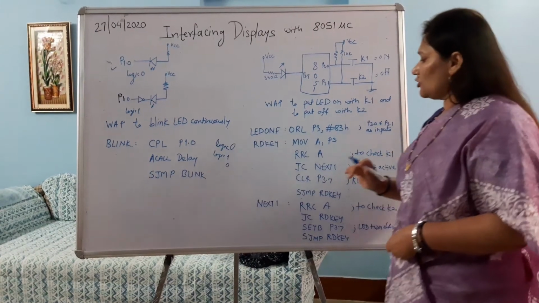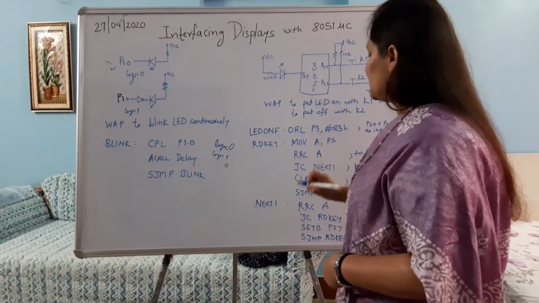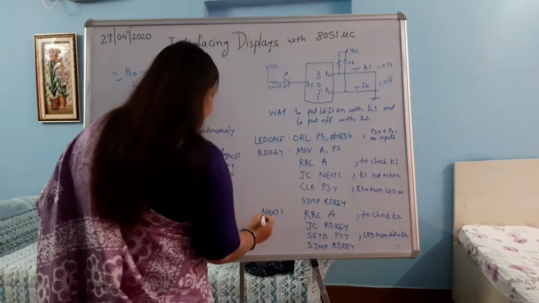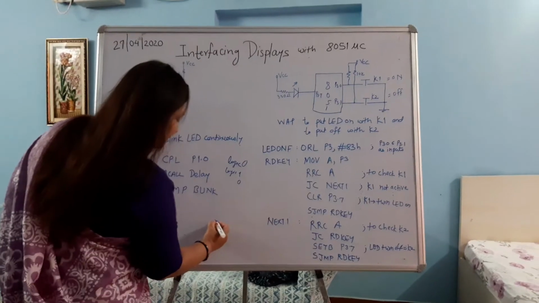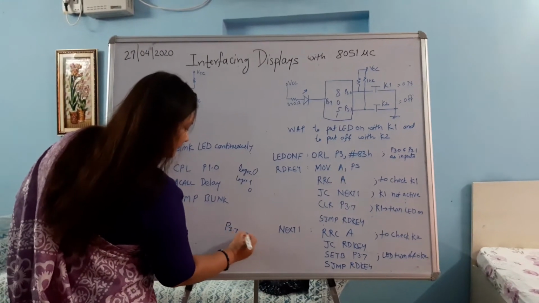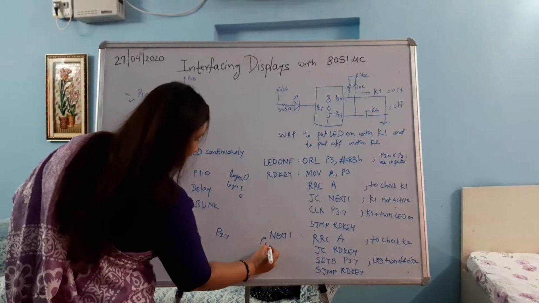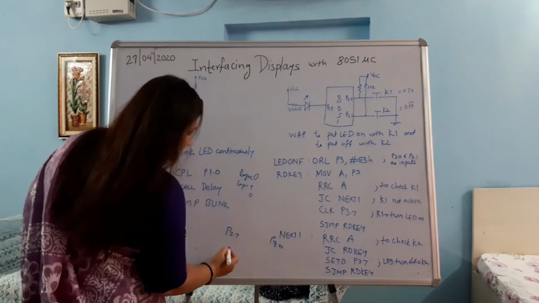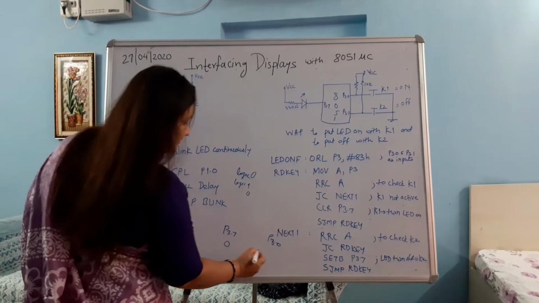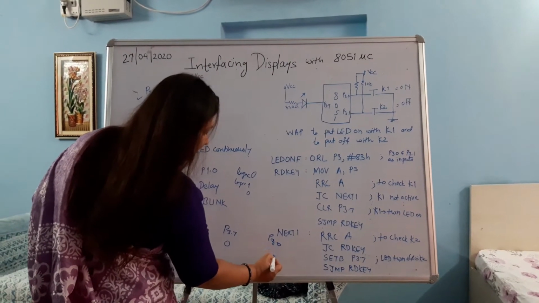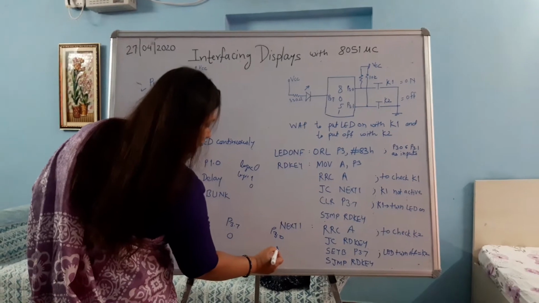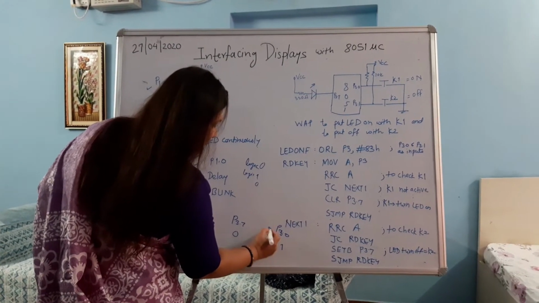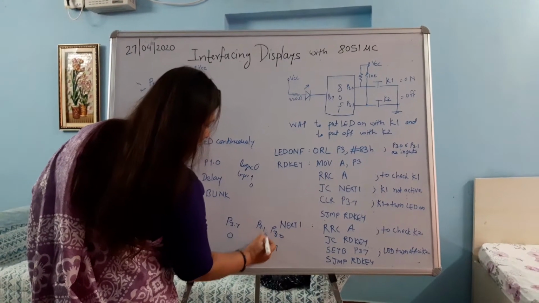So if we talk about the port 3 pins, this one is an output pin, so it has to be 0, and for this, because it is an input pin, to define the port pin as input, we have to put logic 1 initially.